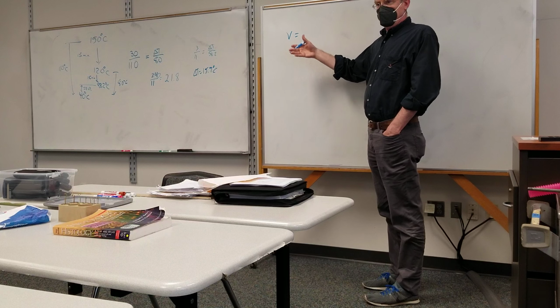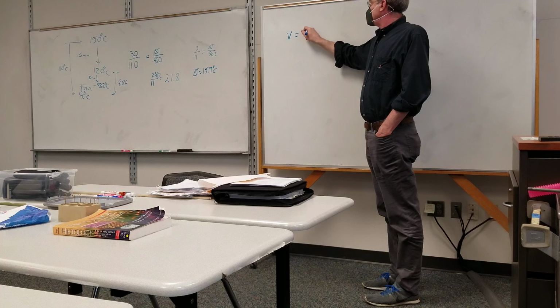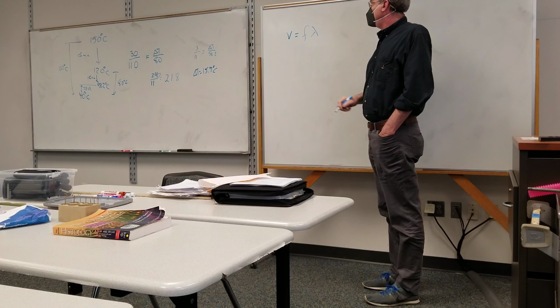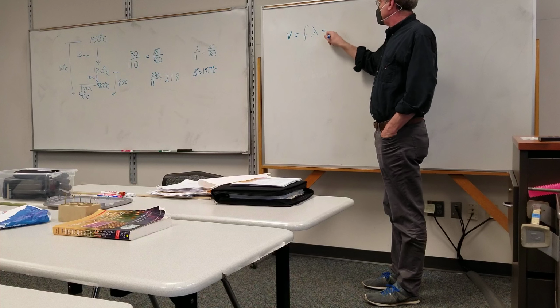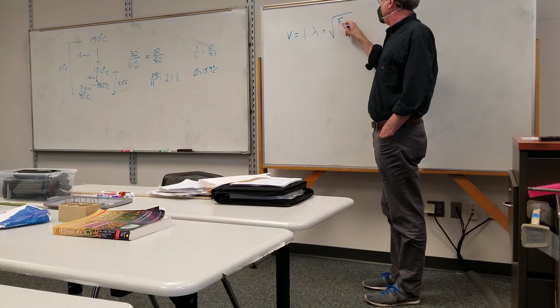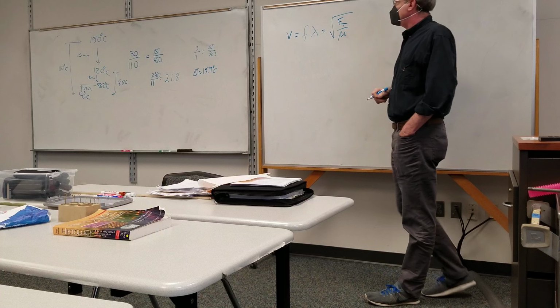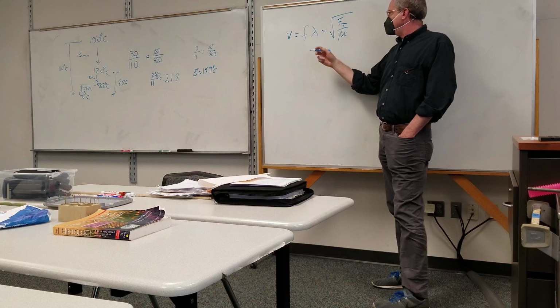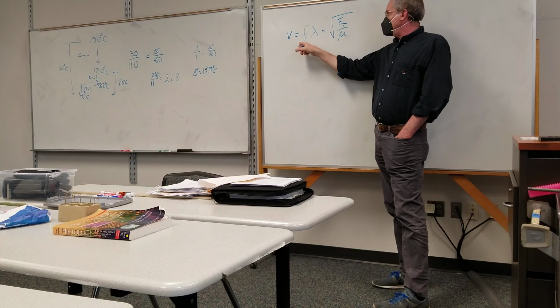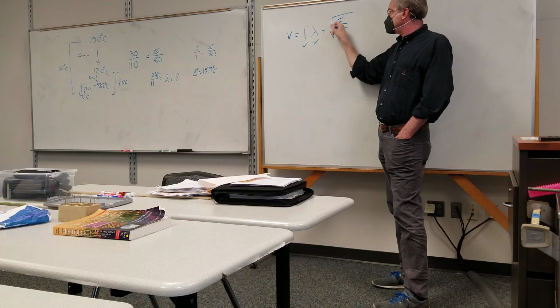We have the generic equation for a wave, which is frequency times the wavelength. And in the case of something moving along a line, it's the square root of the tension divided by the linear density. Those are our two equations. And I believe in that problem, by the time we get to part E, we know this, this, and this.